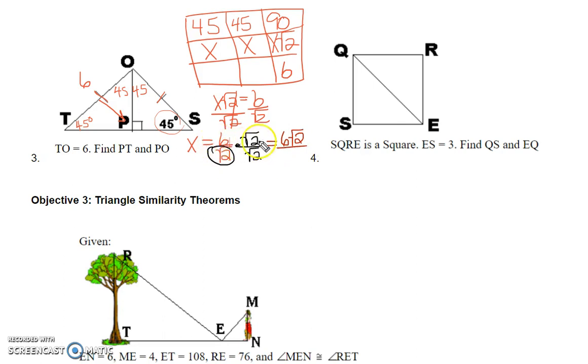I multiply straight across. 6 times square root of 2 is 6 square root of 2. Square root of 2 times square root of 2 cancels out the square root and leaves me with the regular number 2. And then I can simplify 6 divided by 2. So my x is equal to 3 square root of 2. That's what's going to go into my x, 3 square root of 2. And the other x is exactly the same, 3 square root of 2.